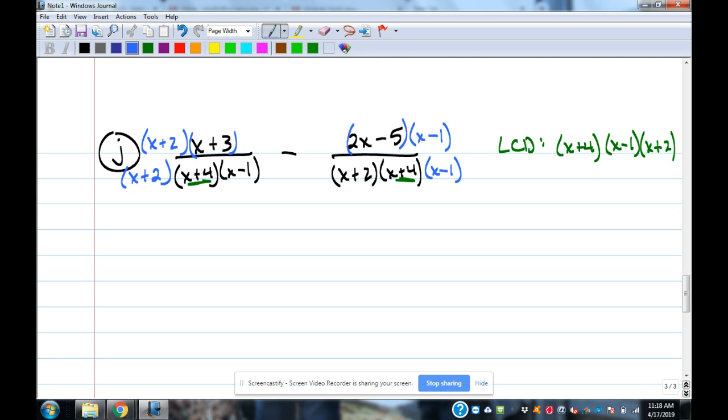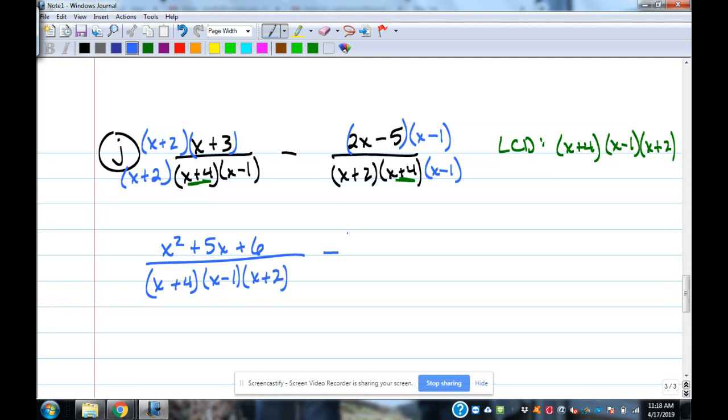Now, we don't have to multiply out the denominator, but we do need to multiply out the numerators because we're probably going to have like terms that we can put together with that subtraction that's happening up there. So x plus 2 times x plus 3 would be x squared plus 5x plus 6 over that common denominator. And I'm just going to write it like I did over there.